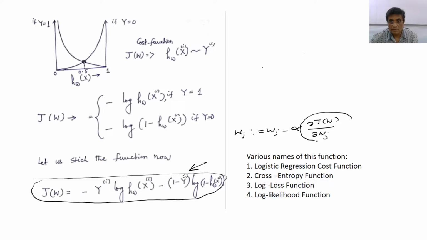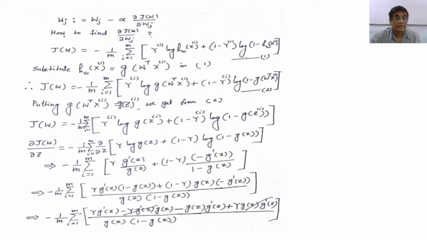So how to do this we are going to now learn. See, this is my cost function which we have derived. Minus sign is here, so this is plus, this is plus. Be careful, this is very simple.